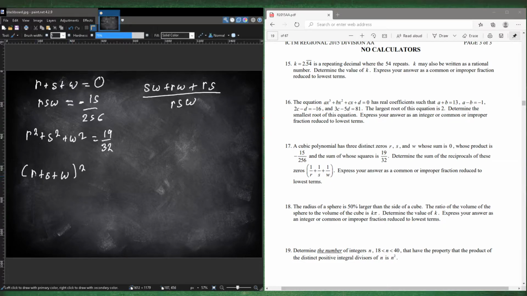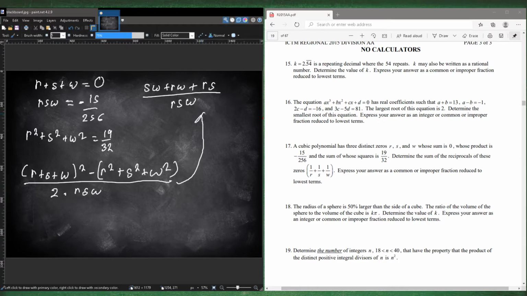Because this will give us r squared plus s squared plus w squared, and then plus 2rs plus 2rw plus 2sw, which is this, but just 2 times as much. So we have to take away r squared plus s squared plus w squared, and then divide by 2 to get this. And then we just need to divide by our rsw to get our answer.